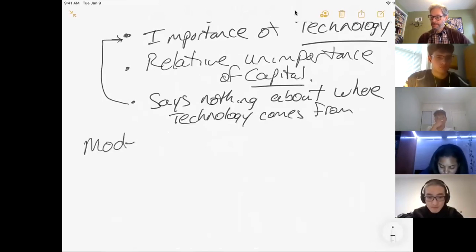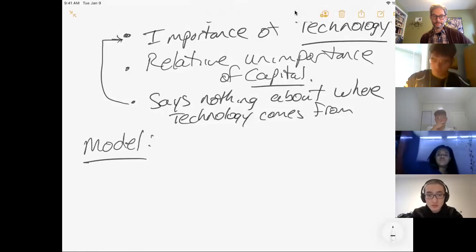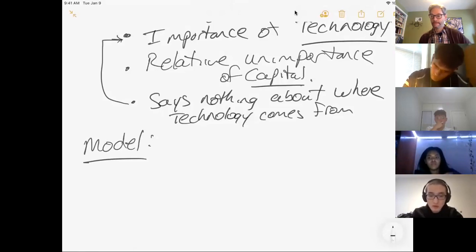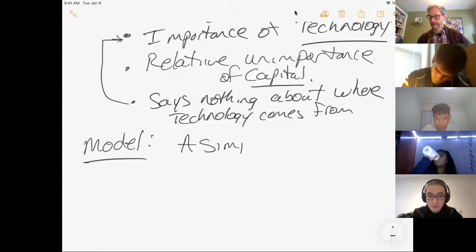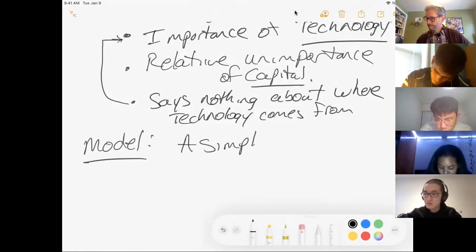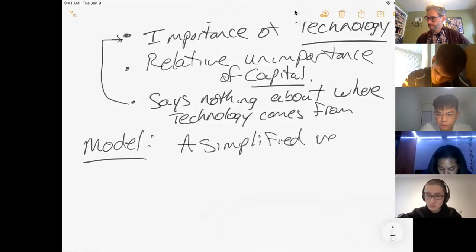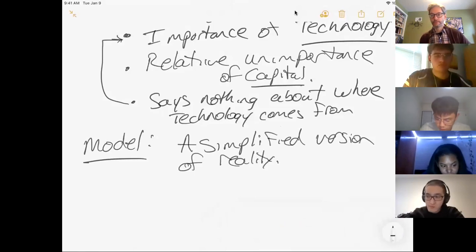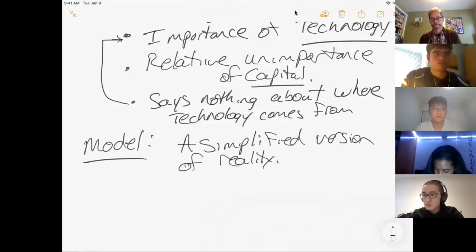So before we jump into the model, let me just spend a minute or two reminding us all of what a model is, right? A model is a simplified version of reality. We know that the real world is too complex. It is too complex for us to understand every little thing in it. We have to simplify reality.